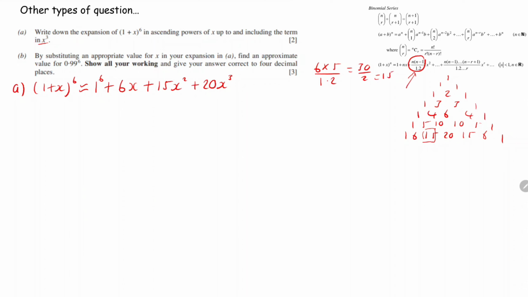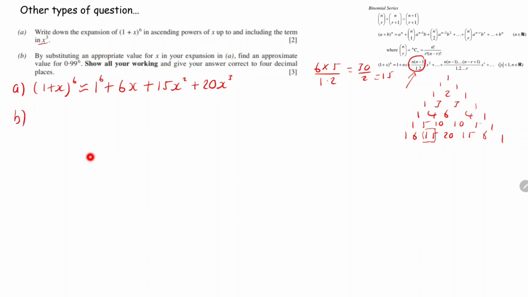So again, you can pick and choose whether you use Pascal's triangle or the formula method. Now notice that we haven't done the entire expansion here. That means that this is an approximation for this term.